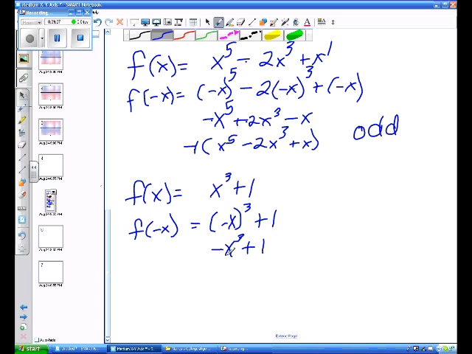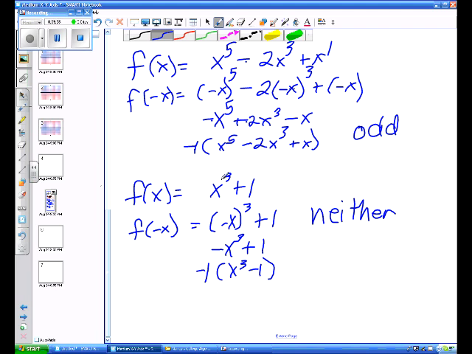My x's are opposites, positive x cubed, negative x cubed, but my numbers are the same. So this would be neither. It's not the same function, but again, it's not the opposite of that function. If we factored out a negative 1, we would have the opposite of x cubed minus 1, not x cubed plus 1. So this would be neither odd nor even.